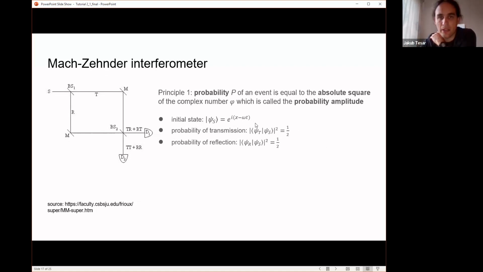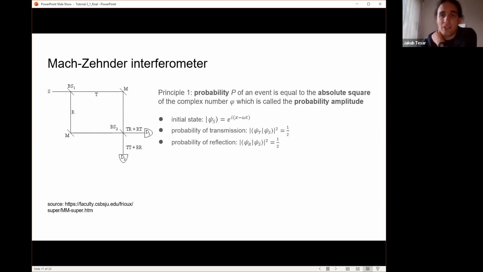This is the Dirac notation that Michael introduced yesterday. We have the original state of the system, so this light going from the source, and we are asking how likely it is that it will end up in the upper branch. So you look for this product state, and we can take the square of it. And we know that this is 1/2 because we have this perfect beam splitter. And the same for reflection.